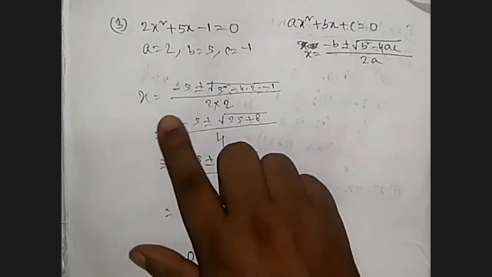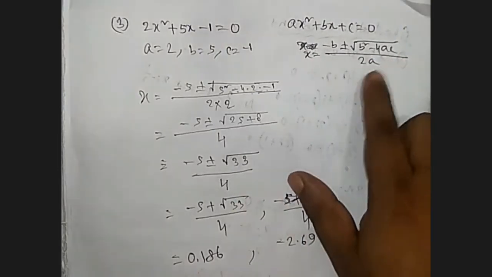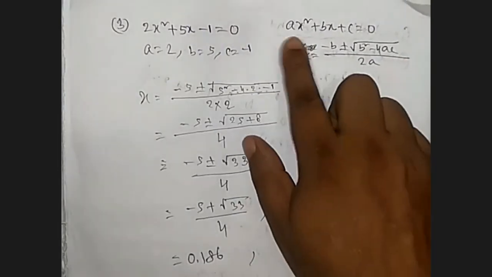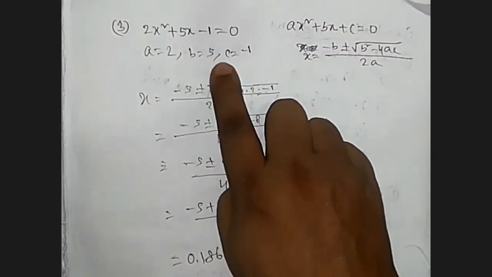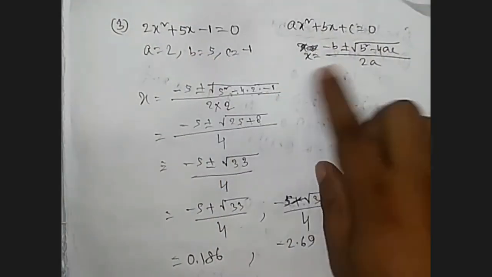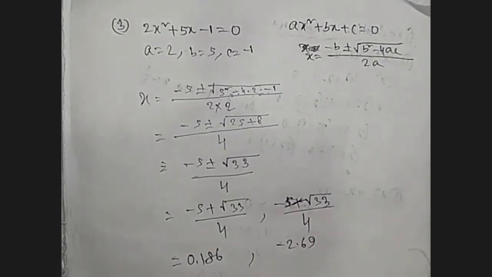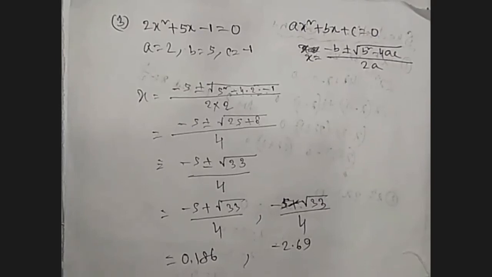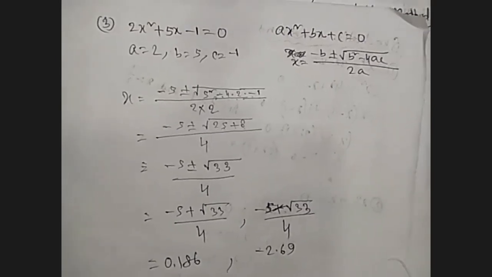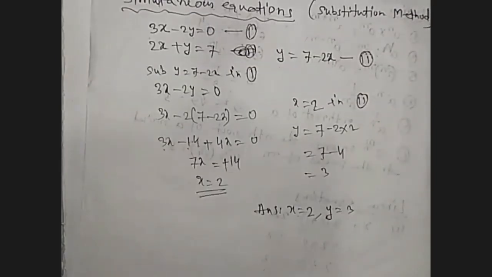So if you compare these two equations, b is 5 and c is minus 1. So if you substitute here and solve it, you'll get the answers. I already explained what ways to solve directly by your calculators, but it is not accepted in the exam. You must do the whole working.